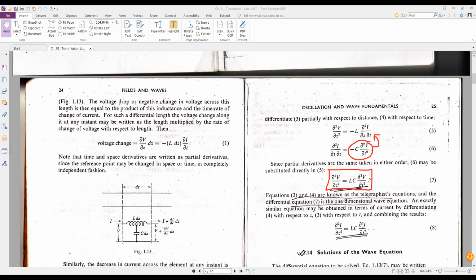Okay, so equations 3 and 4 are known as the telegraphist equations. Equation 7 is the one-dimensional wave equation. A similar equation can be found for the current, equation 8. So 7 and 8 are known as the one-dimensional wave equations.